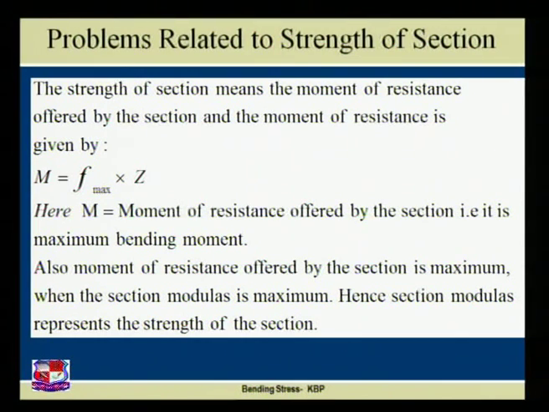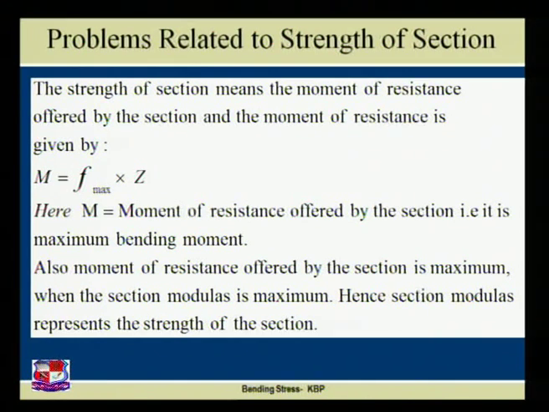The strength of section means the moment of resistance offered by the section, and the moment of resistance is given by the equation M is equal to F max multiplied by Z, where M is the moment of resistance offered by the section, that is, the maximum bending moment.